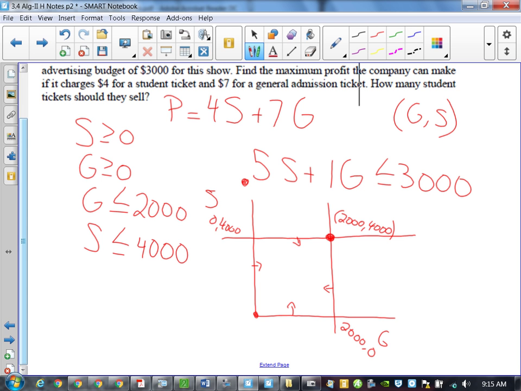G-intercept of? S-intercept of? Dividing by a half means you're multiplying by its reciprocal, 6,000. Very good. 3,000 here, and 6,000 here.